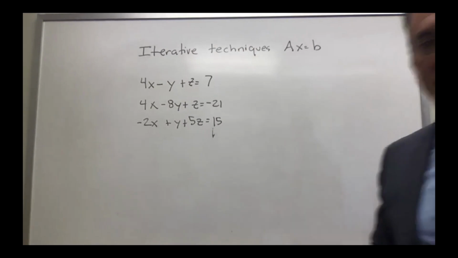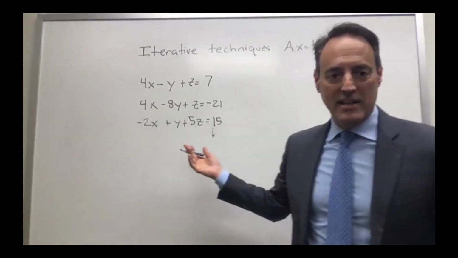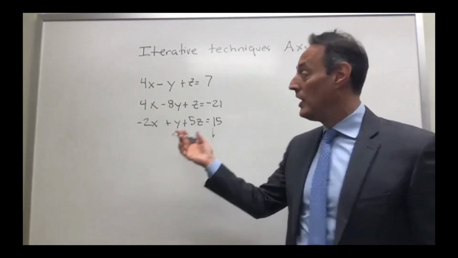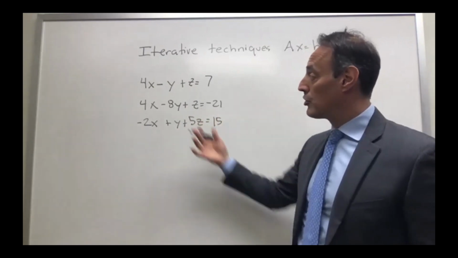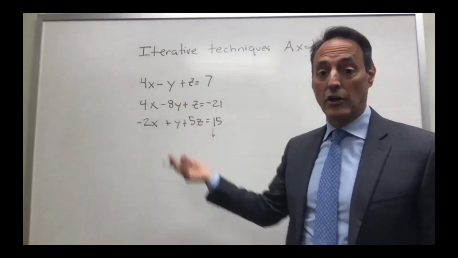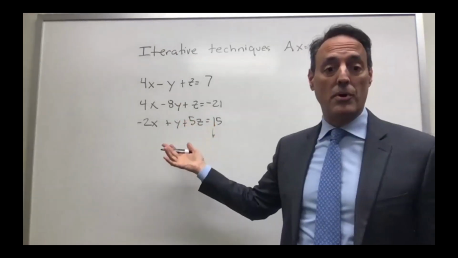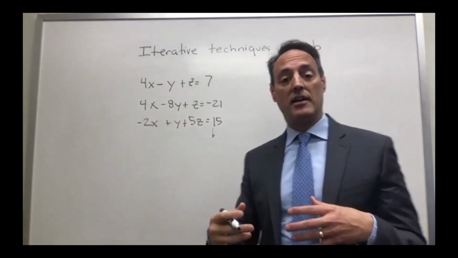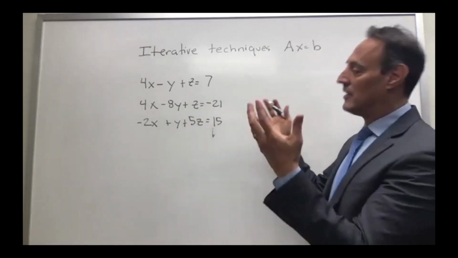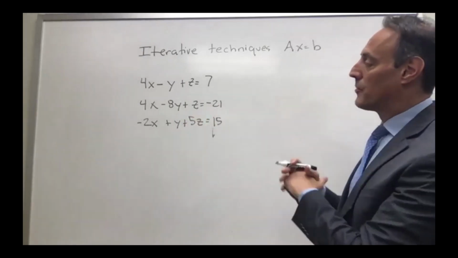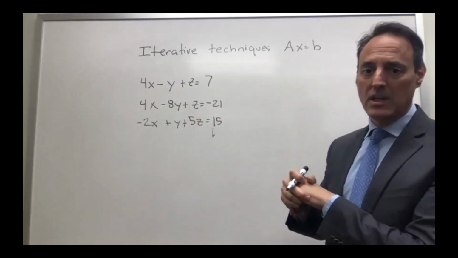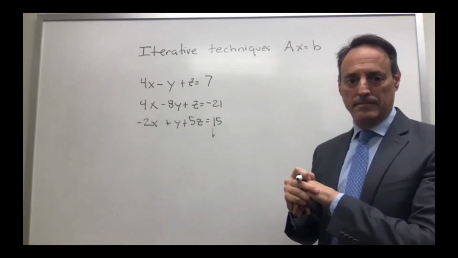This 3 by 3 system of equations is not that hard to solve, right? If you were going to solve it, you could do Gaussian elimination, LU decomposition, whatever you want to do. You could do this one by hand. But I'm going to change the way we do this now.